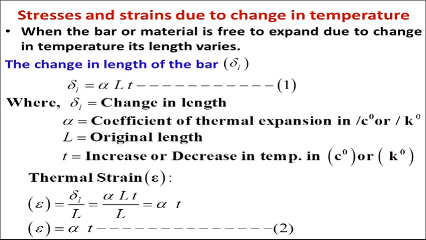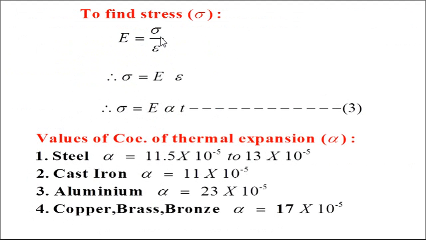Now what is stress? To find out the stress, we know that stress is equal to P by A. If force and area are known, we can calculate the stress by that formula, or by using the relation with modulus of elasticity. We know that modulus of elasticity is the ratio of stress to strain.